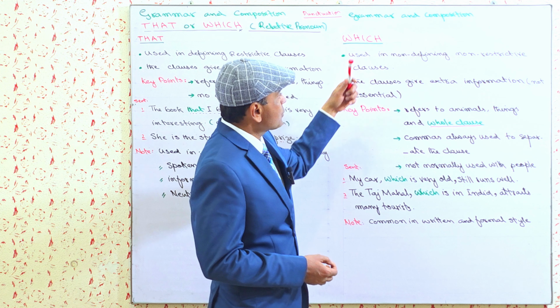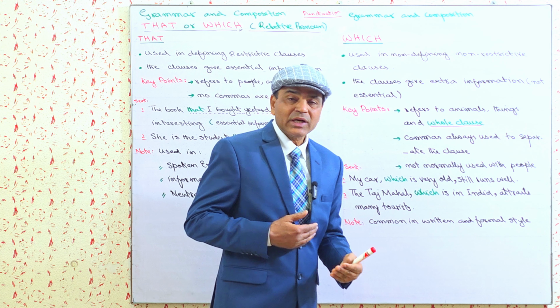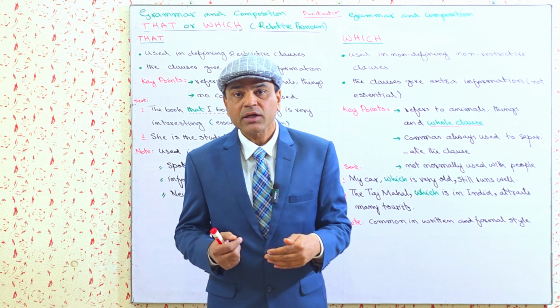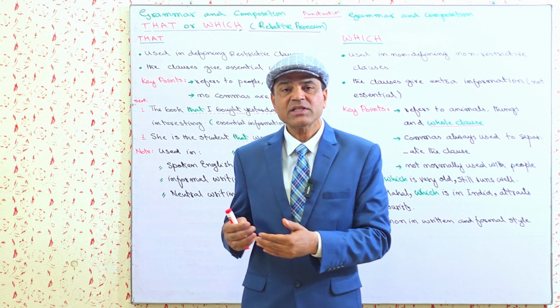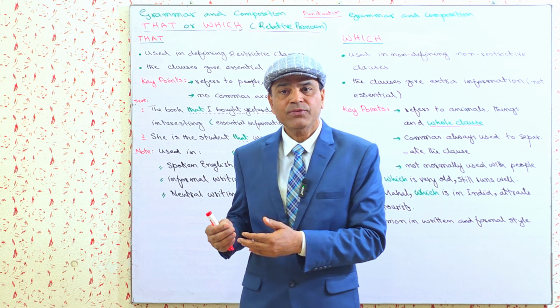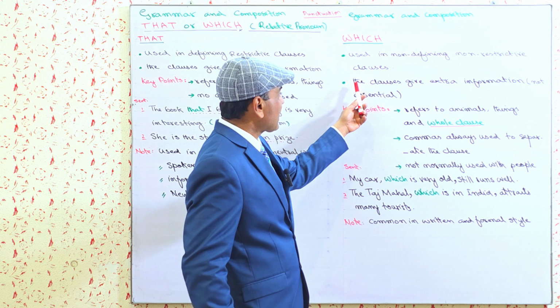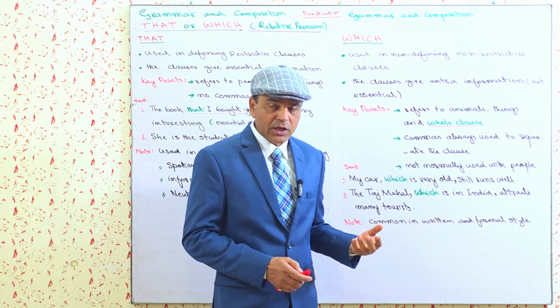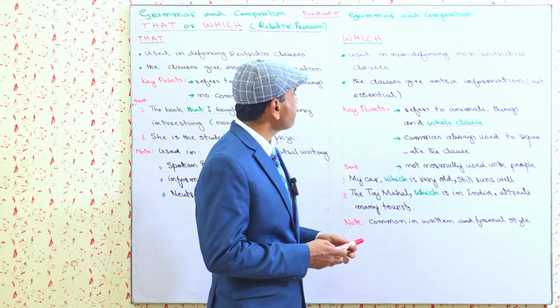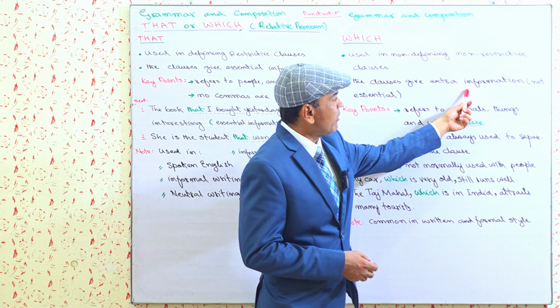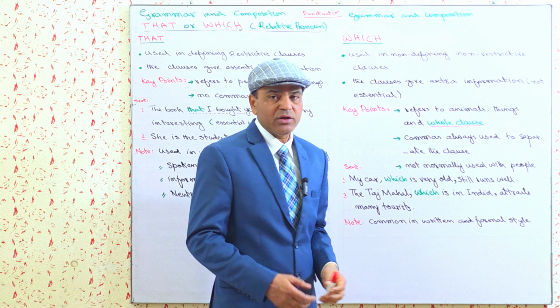So the word which is used before the clause which does not define a noun or a piece of the sentence that has already been put, but it gives extra information. That is my second point. So the clauses that are introduced with the help of which give extra information, and it is not essential information.